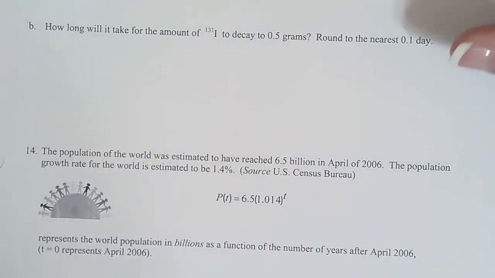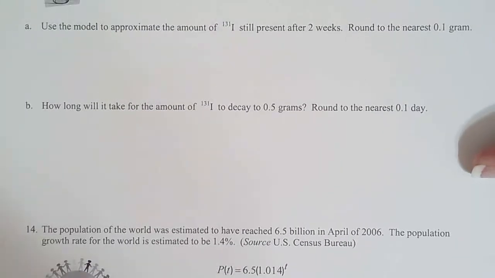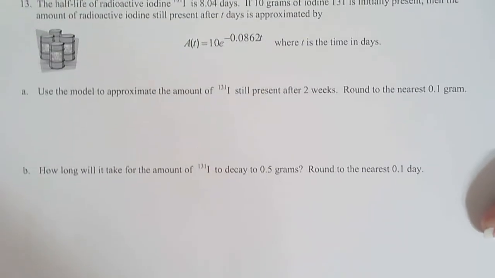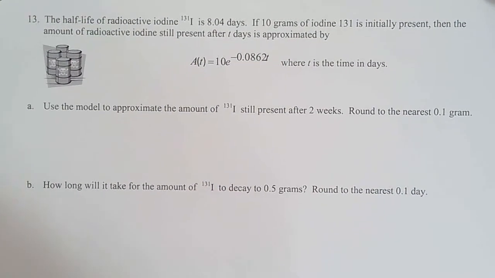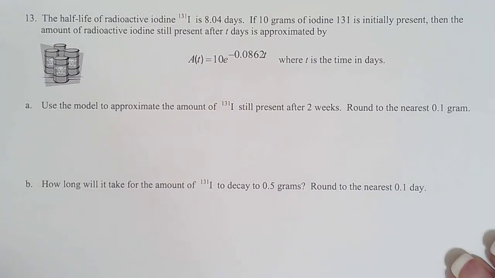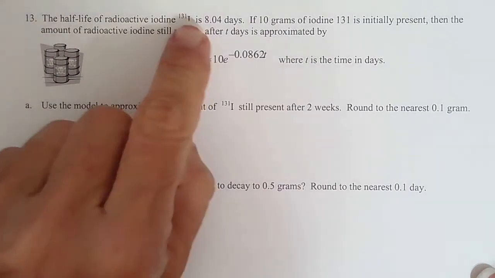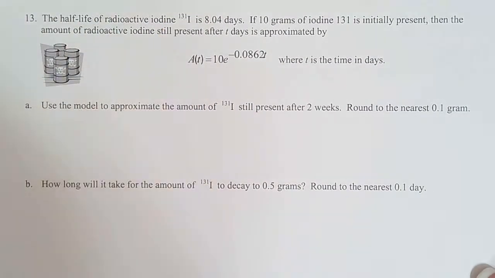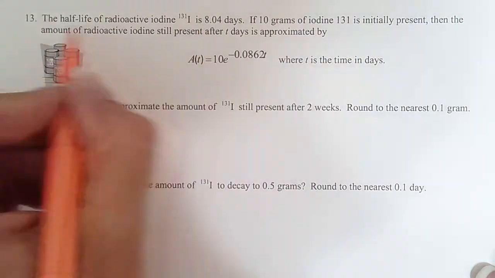Okay, so number 13 on page 13. So the half-life of radioactive iodine, 131I. So this is the name of the chemical. It doesn't have any mathematical content, is 8.04 days.